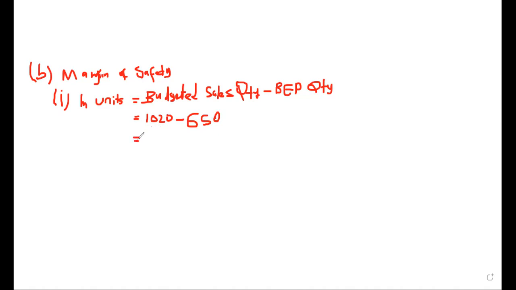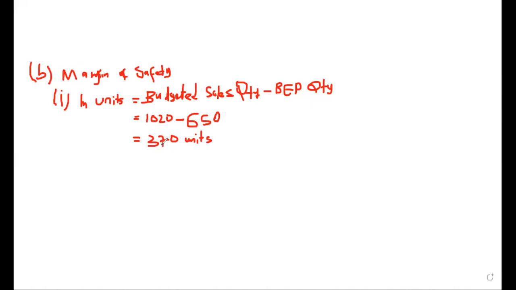So if you subtract 650 from 1,020 units, you'll be able to get something like 370 units. So these are the units which give us margin of safety.